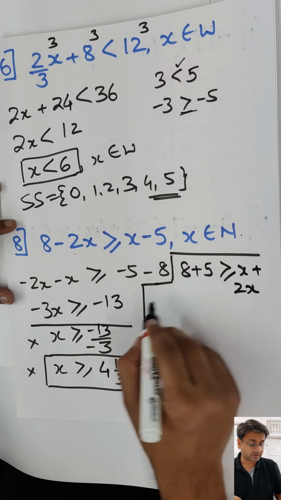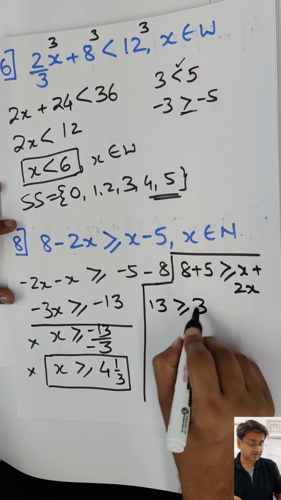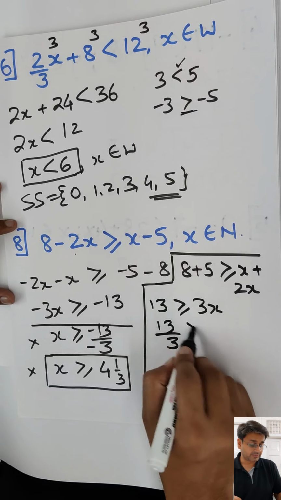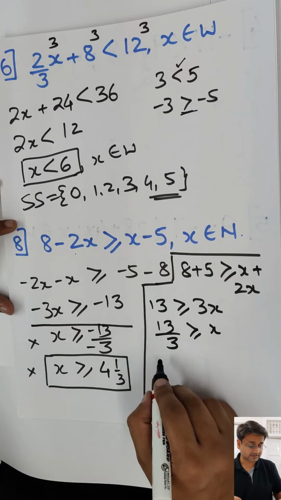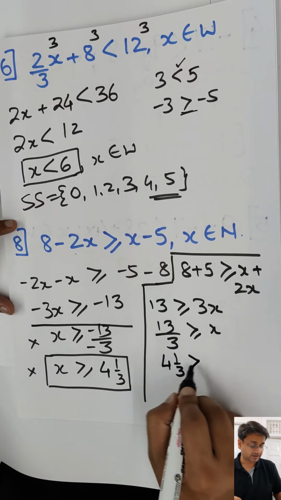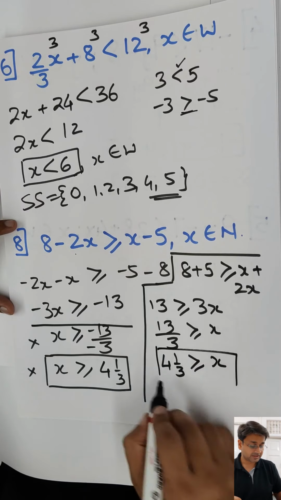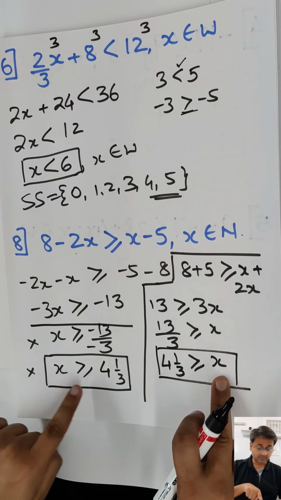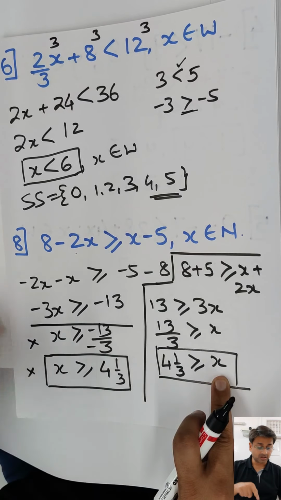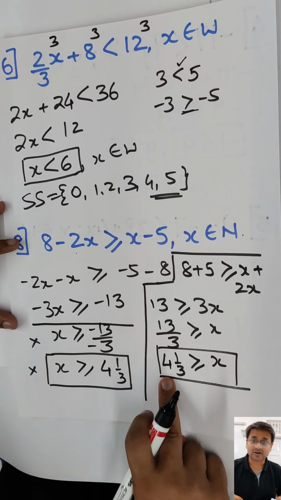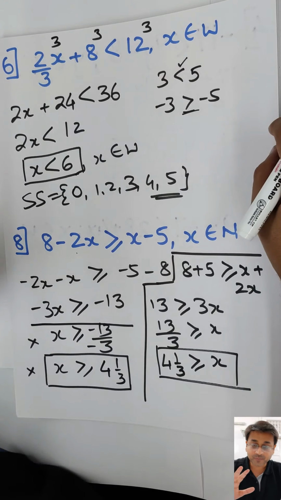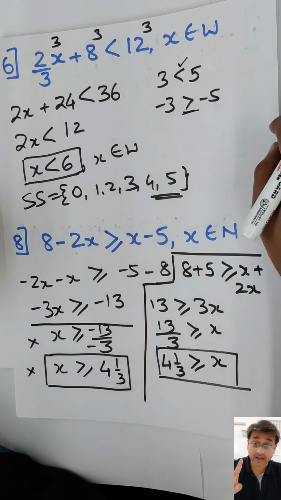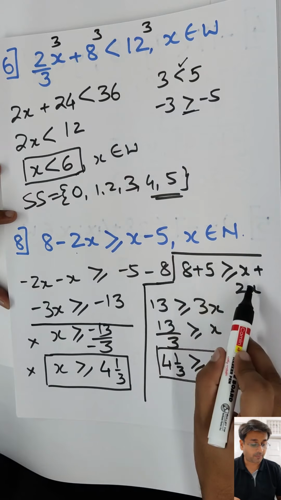So now what I'll get over here is 13 is equal to 3x. So 13 by 3 greater than or equal to x. So that will be 4 1 by 3 greater than or equal to x. See, we got the same answer, but the sign over here, x is bigger. Here 4 1 by 3 is bigger. So you don't have to flip the sign. Automatically it takes care when you take x on the positive side.